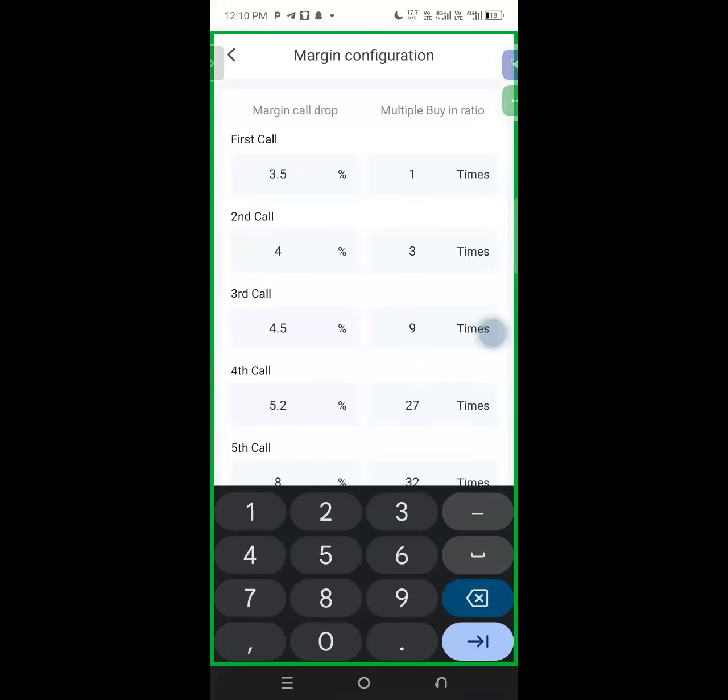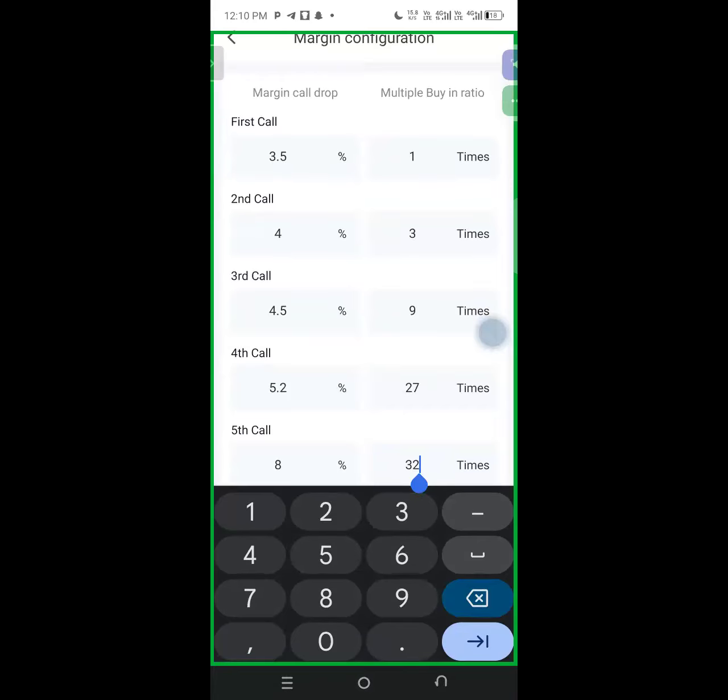So I keep multiplying each price by 3, right? That is the reason why we are getting 27. Do you get it? So the next one is going to be 81.